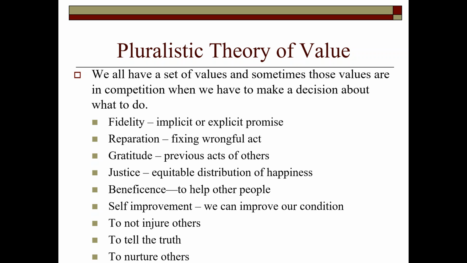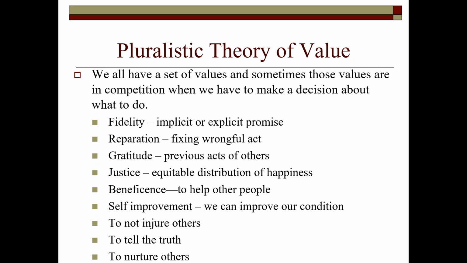The set of values listed in the textbook are fidelity, or the implicit or explicit promise that you make. That means you sometimes have a promise as a brother or a sister or a roommate.